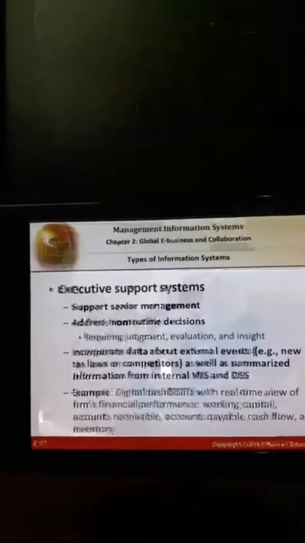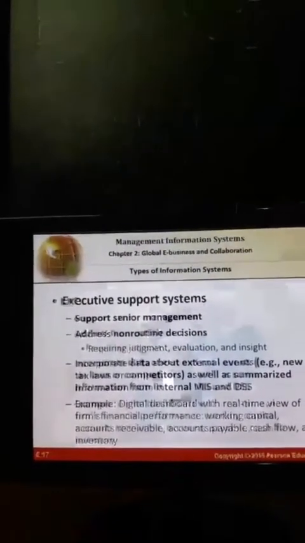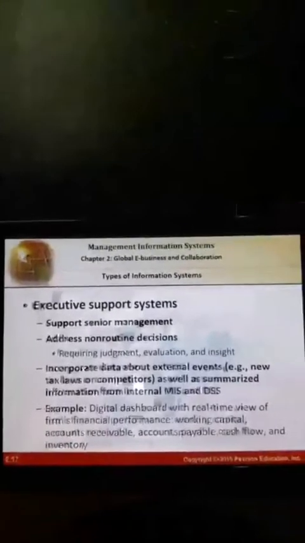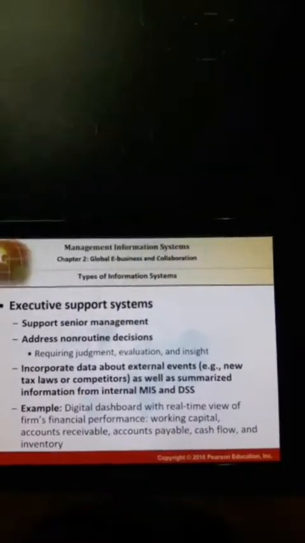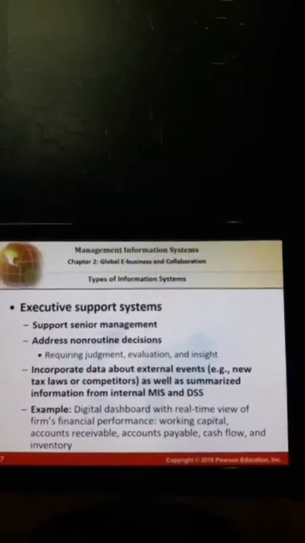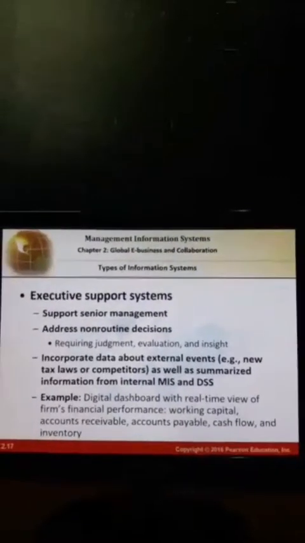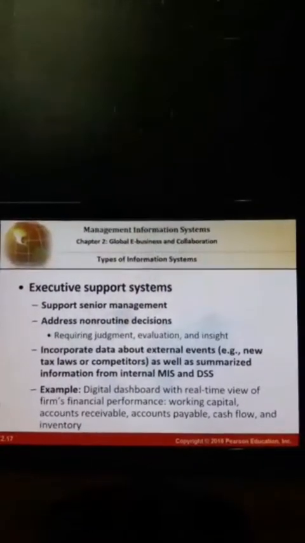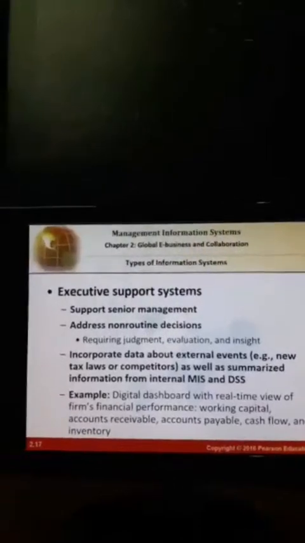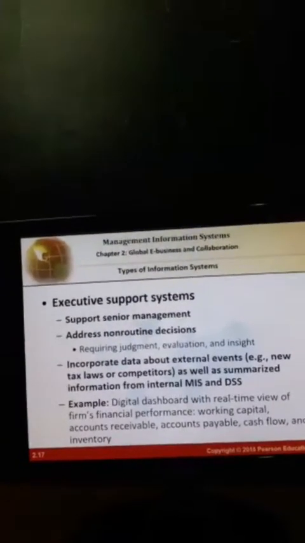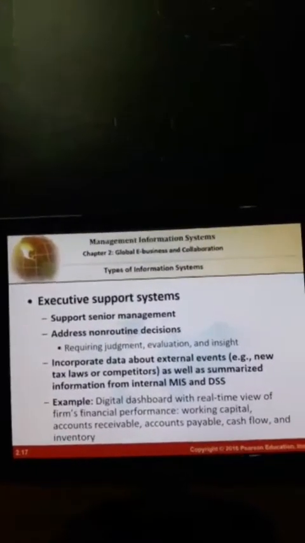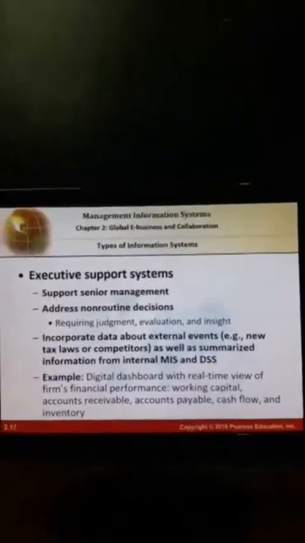Their activities are also non-routine and mostly unstructured, but they have higher analytical ability, and these executive systems make decisions based on a digital dashboard.